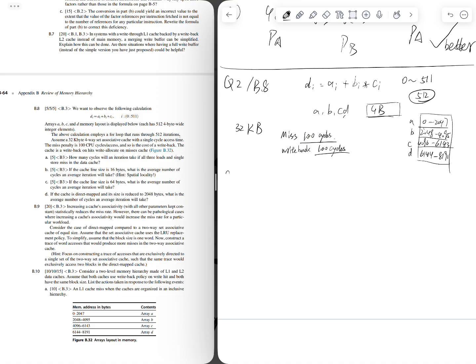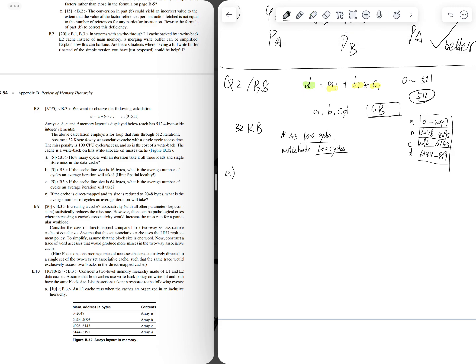Let's go to part A. How many cycles will an iteration take if all three loads and the single store miss in the data cache? Here we have loads and a write, and the write is just a store.